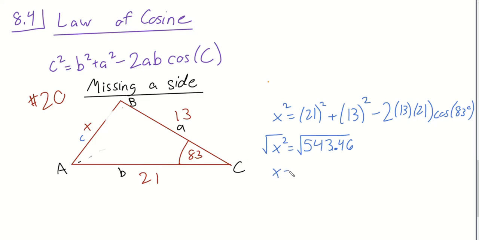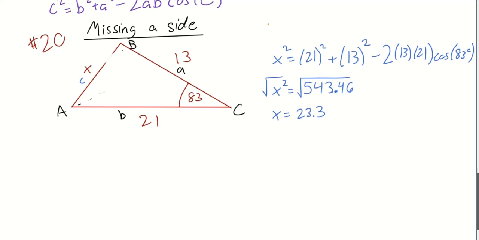Get x equals, what did you get, Elijah? 23.3? Yep. That should have been your answer. Did any part of that trip you up besides putting it in your calculator? No? Okay. We're going to move on to missing an angle next, which is always a little bit tricky.